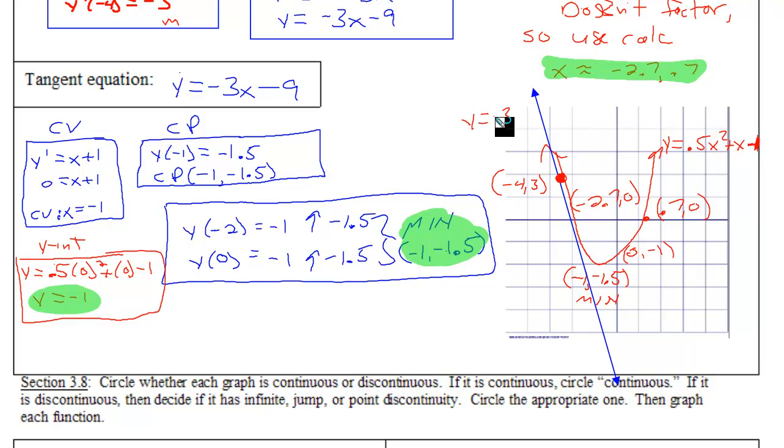It shows y equals negative 3x minus 9. On our curve, we have our x-intercepts labeled, our y-intercept, and our minimum. On our tangent line, I don't have the x-intercepts labeled. I don't have the y-intercept labeled. This y-intercept is negative 9.